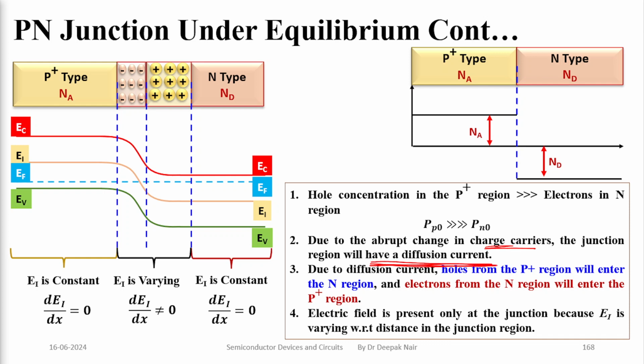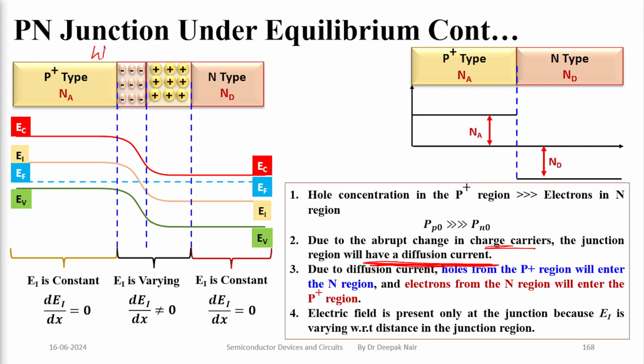If you recall, diffusion current is generated whenever you have a change in the concentration of charges in a particular region. So if there is a sudden change in the carrier concentration, there will be a diffusion current, and you don't need any external potential to make such a current flow.